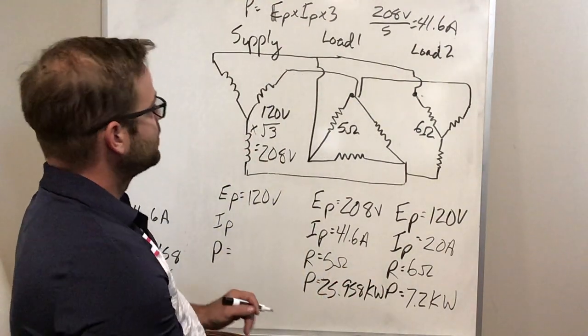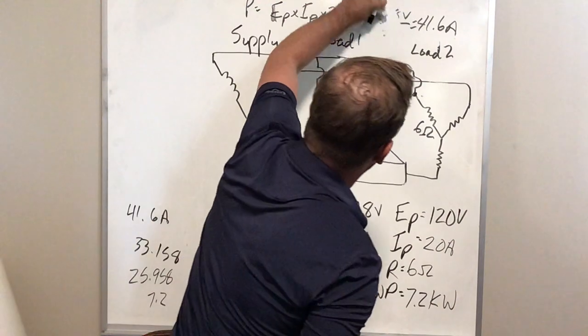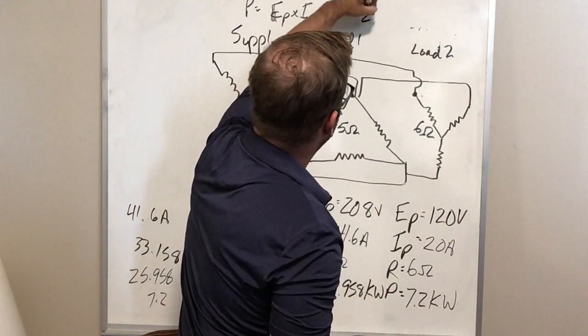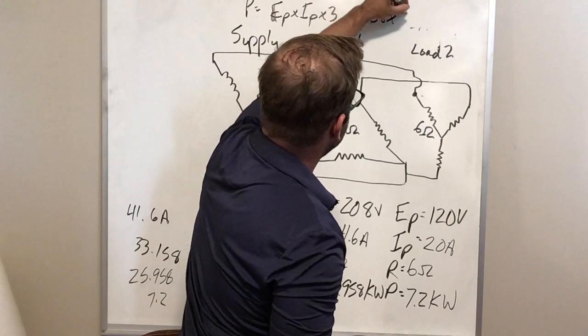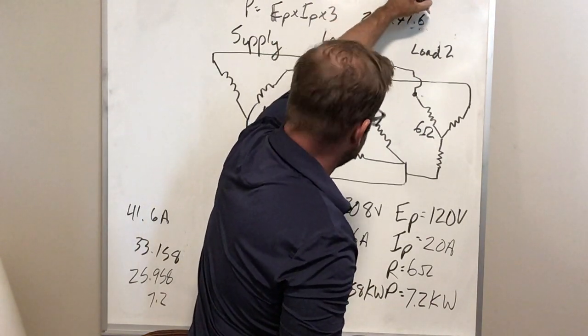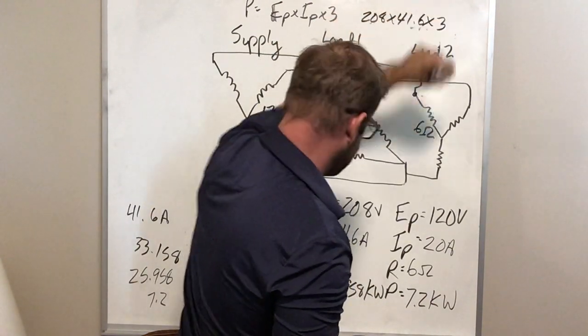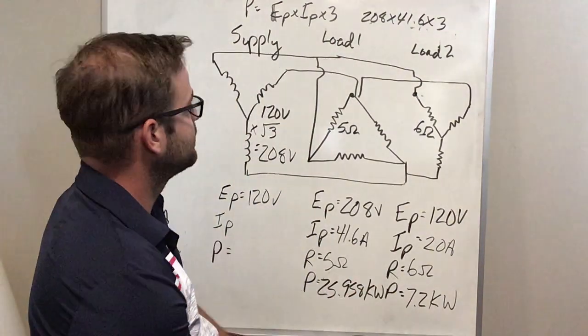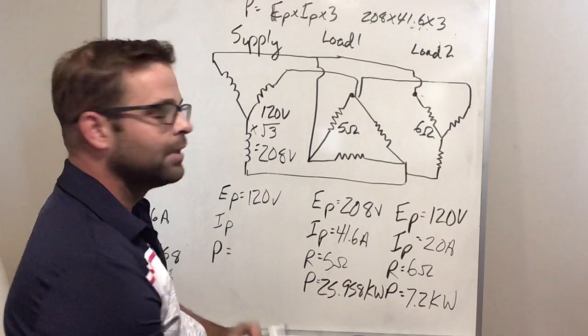Okay? So in order to find that, I'll just write it out as well, just so you see. 208 times 41.6 times 3 gives us 25.958 kilowatts.